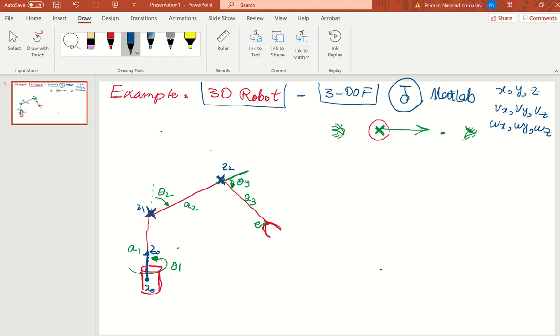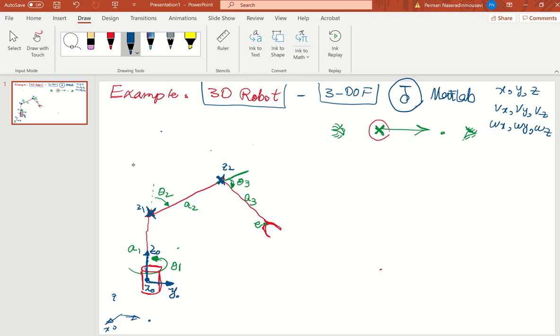Based on the right hand rule, this is going to be Y0. So we have X0, Z0, and Y0, which I just showed out of the page.